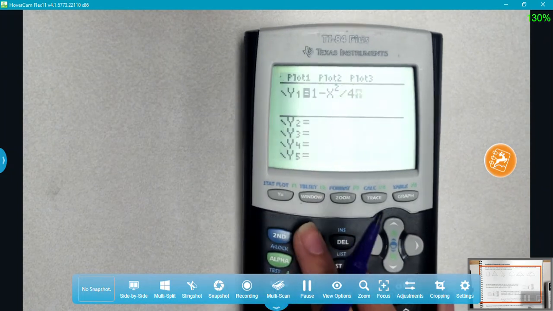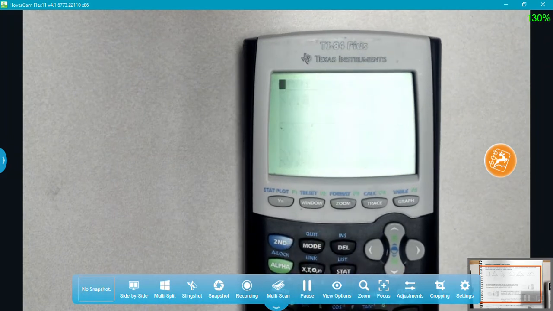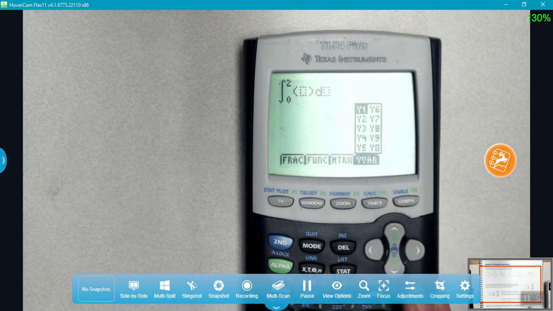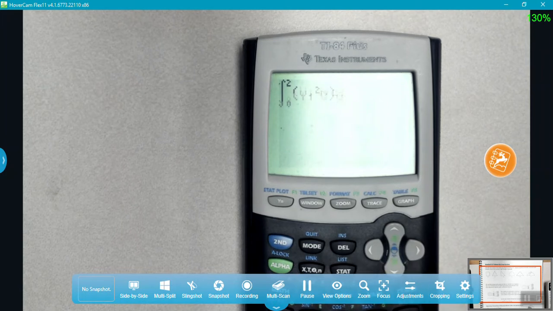Okay. So it's in y1 now, and then I just go integral from 0 to 2 of y1 squared, right, side squared, and then dx. And your answer is 1.066. Let's fraction it. 16/15.